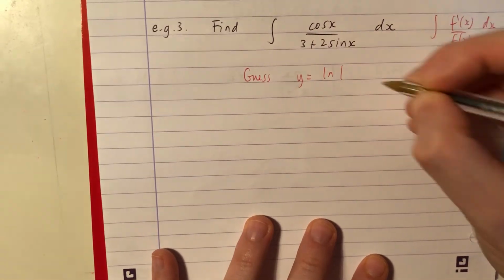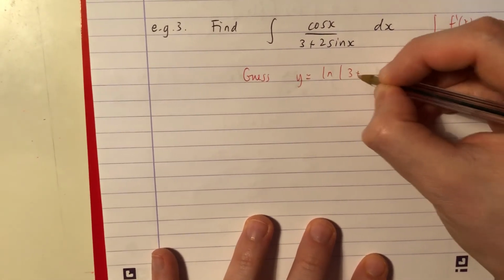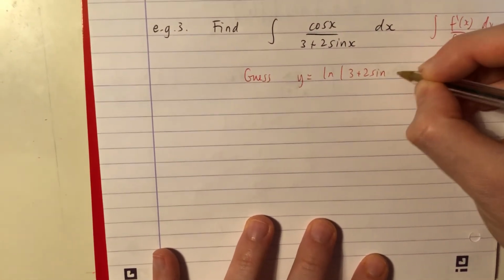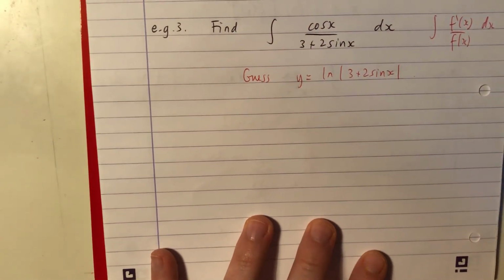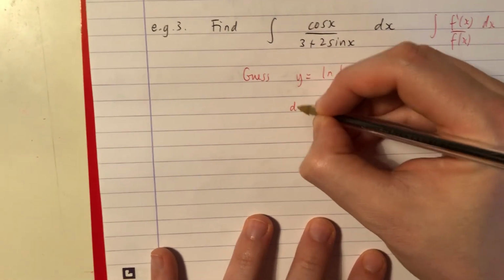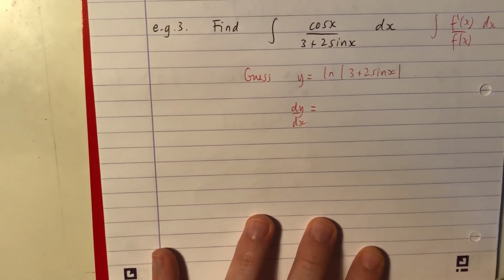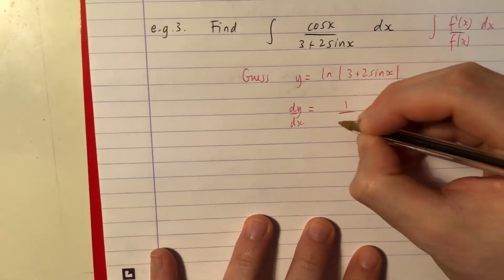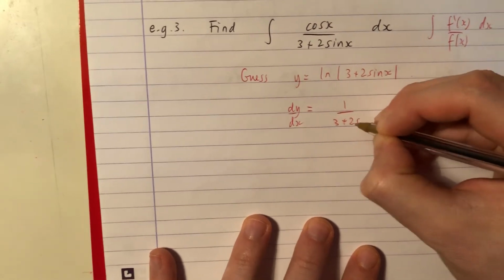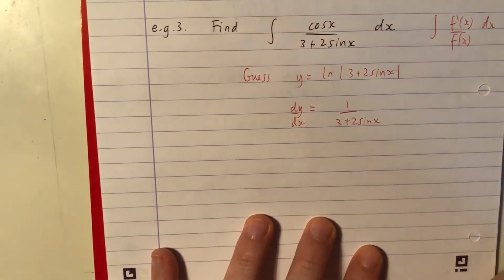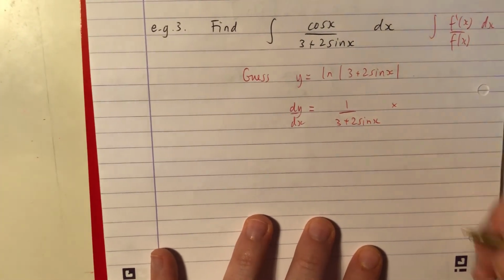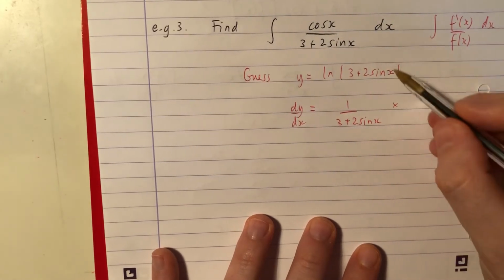ln of the denominator. dy by dx. Ln goes to 1 over. But you've got to times by that something differentiated.